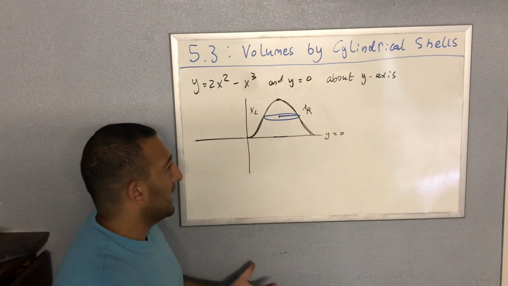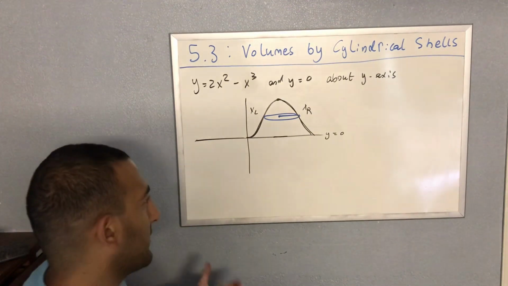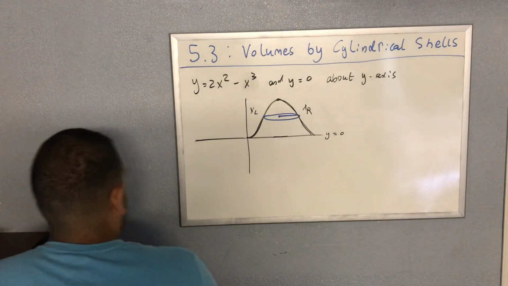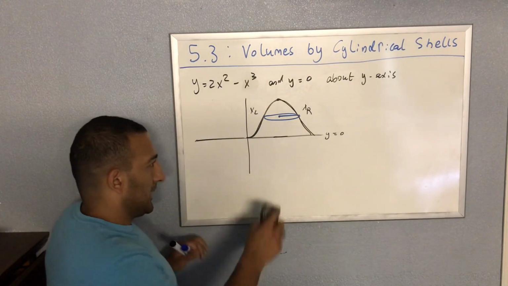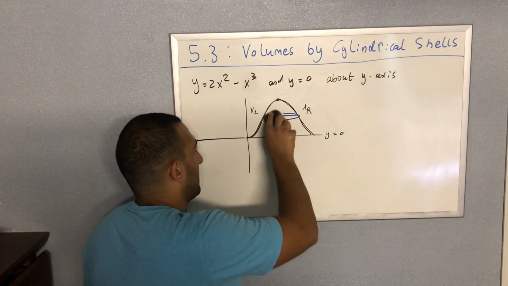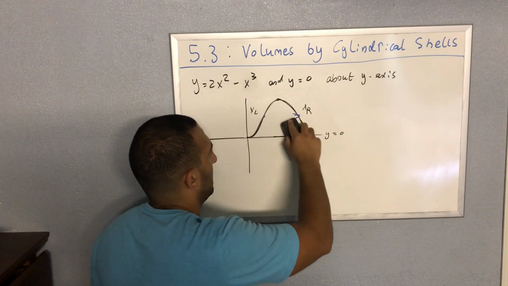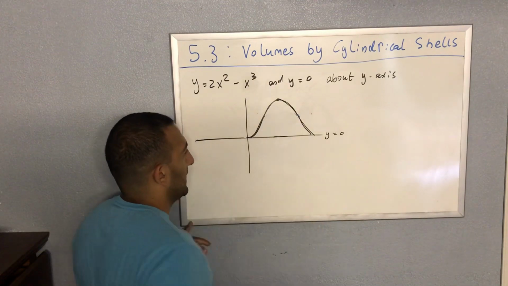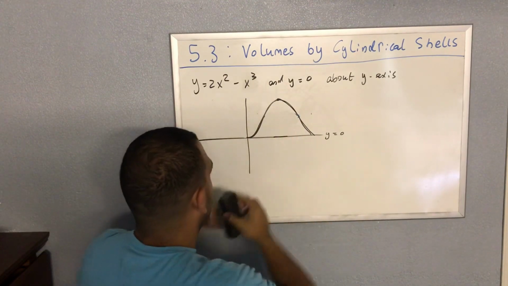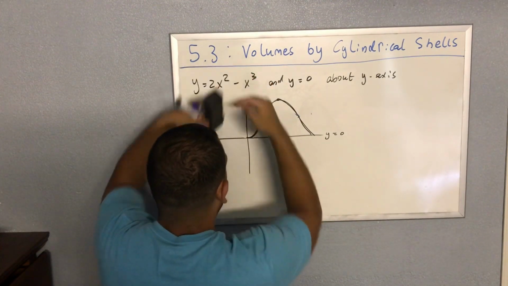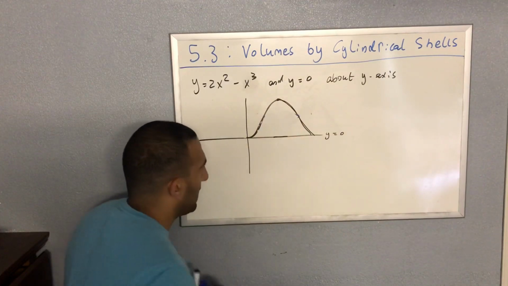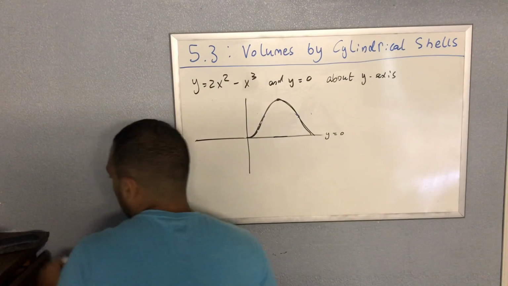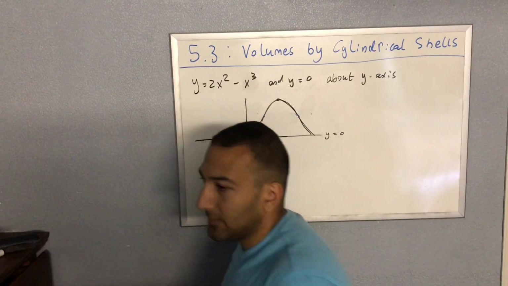And the same idea will happen with the washer. If you try to use a washer, the same thing will happen, it's just even worse. So here the cylindrical shell is the best option, because the shell stacks up very nicely. Because we stack it like this, it'll be able to account for this part very easily. So that's why this method is sometimes a little better in some scenarios.